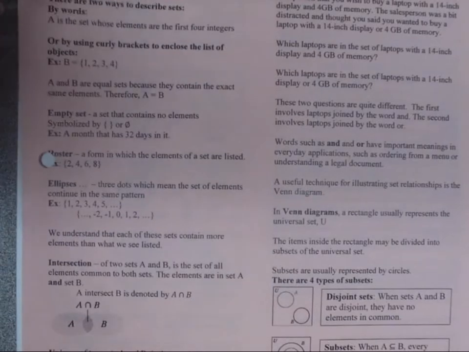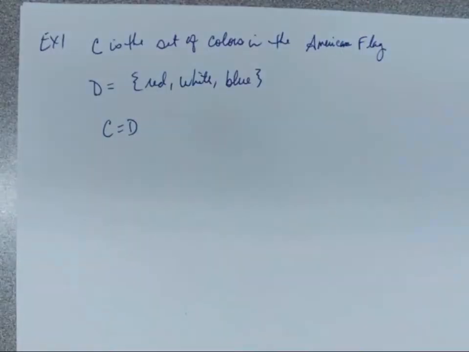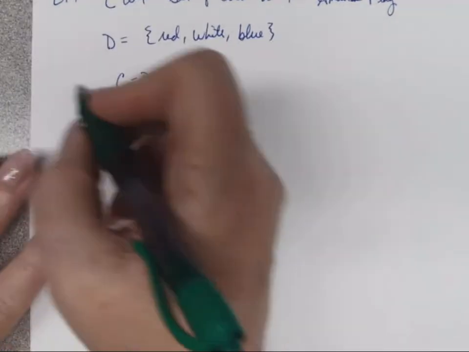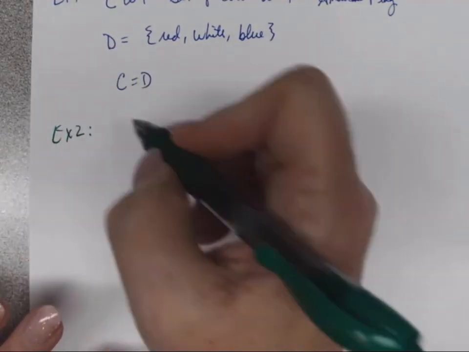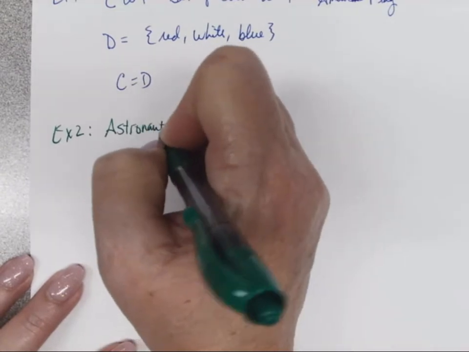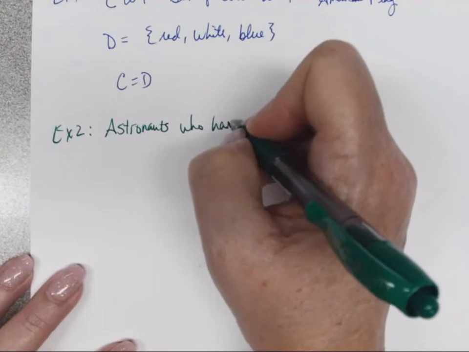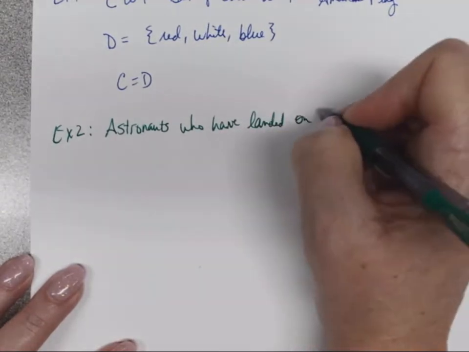So let's look at another example of an empty set. And these things can change as people are exploring space, but I'm going to use this example because for now it works. If we looked at the astronauts who have landed on Saturn.